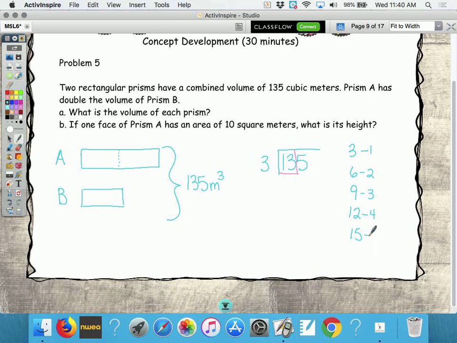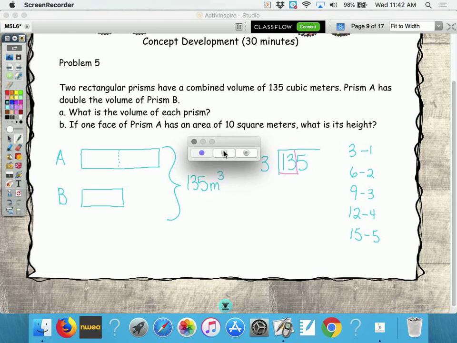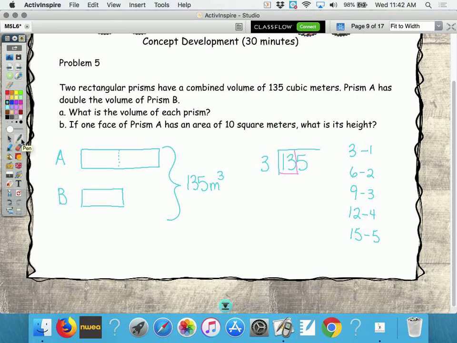Let's see if you can remember how to divide. If you skip count, make sure you don't skip 9. Okay, so here's how I'm thinking. 3 times 4 equals 12. So I would have circled this if I used the skip count method, okay?